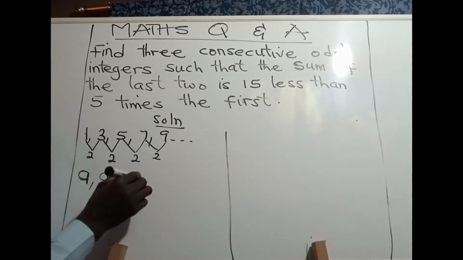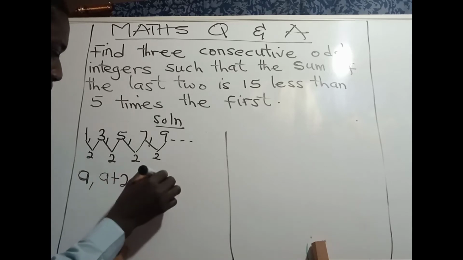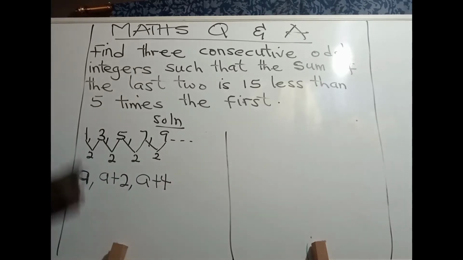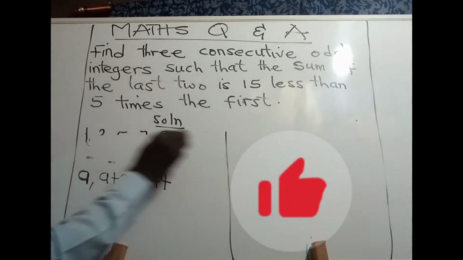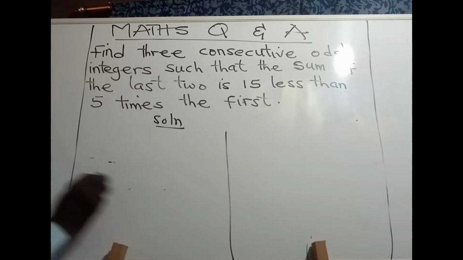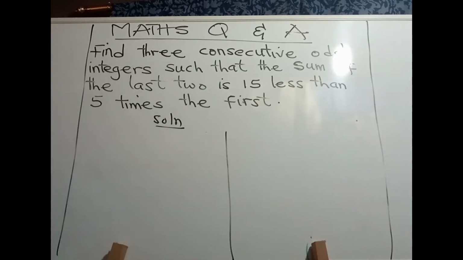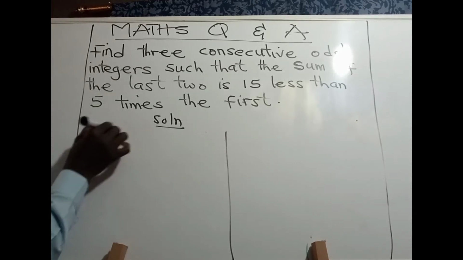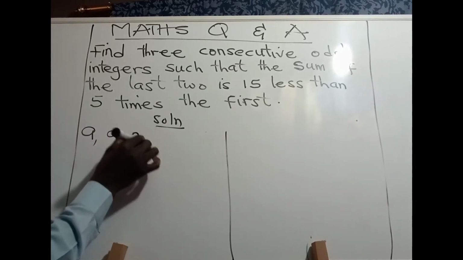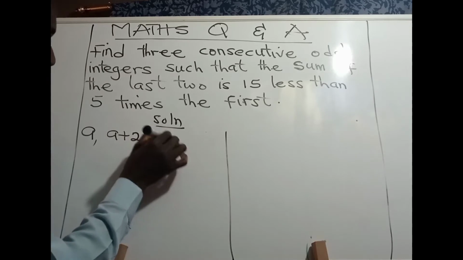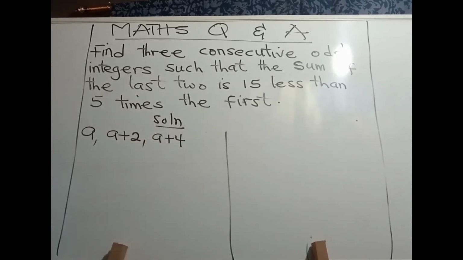And the next one will be a plus 4, right? In that order. So let's use that general rule to solve the question. We have our first odd integer, our second odd integer, and then our third odd integer.